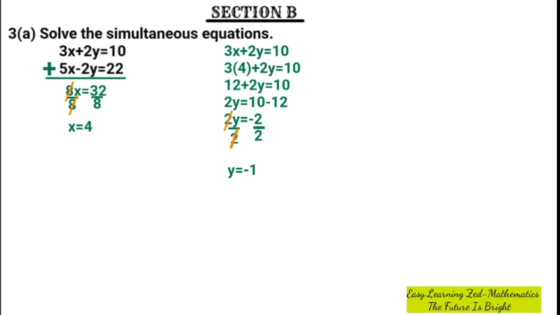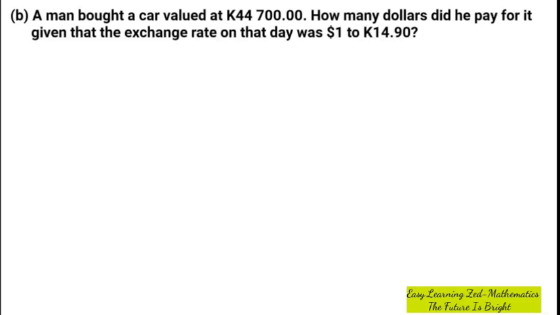Okay, let's go to question 3b. The question was: a man bought a car valued at 44,700 kwacha. How many dollars did he pay for it, given that the exchange rate on that day was $1 to 14 kwacha 90 ngwe?